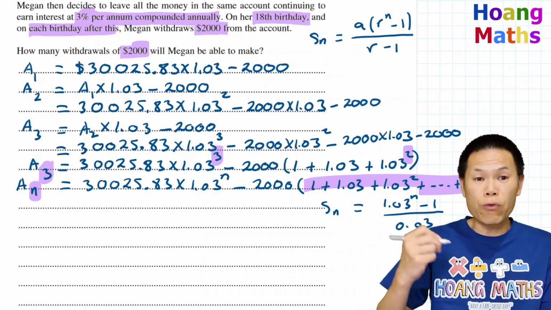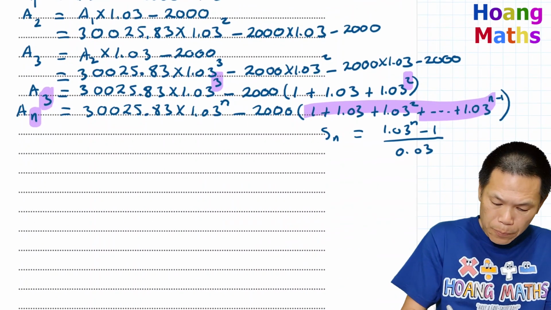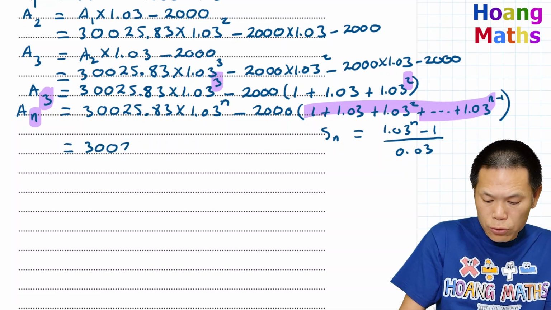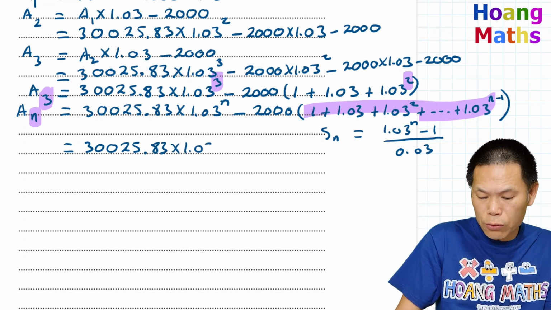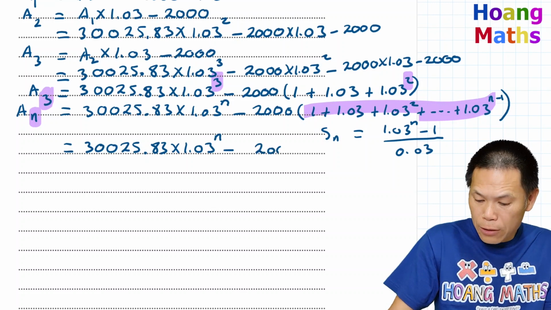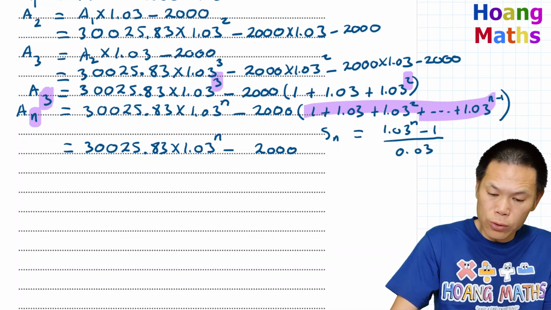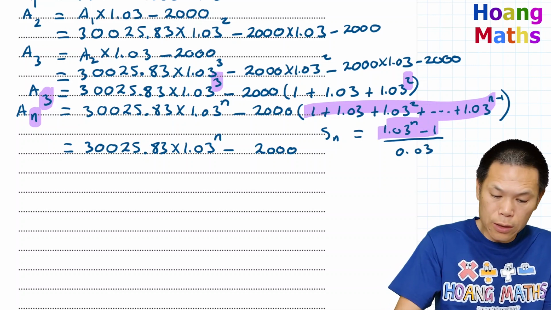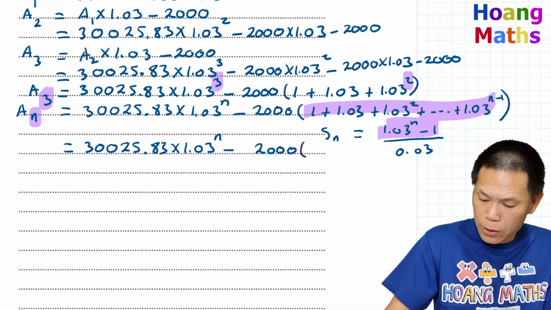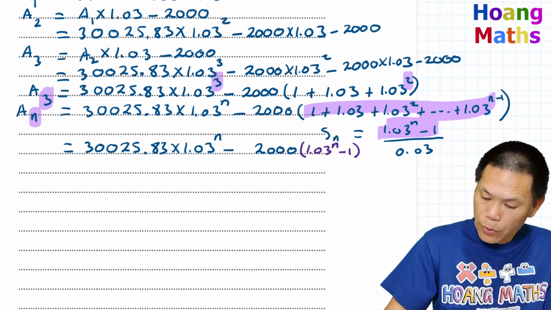So now let me just rewrite this. That will give me 30025.83 times 1.03 to the power of n minus 2000 times the bracket, 2000 times this, over 0.03. So let me write in a different color so you can see: 1.03 to the power of n minus 1 over 0.03.